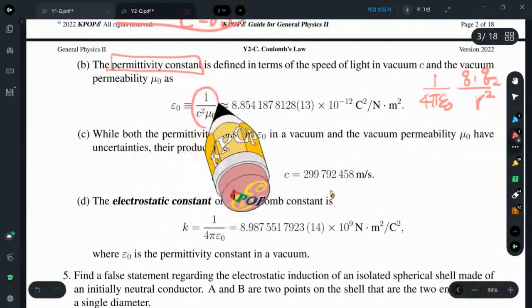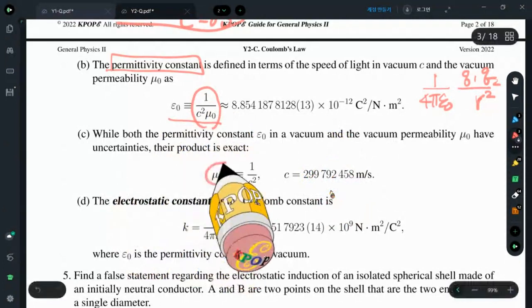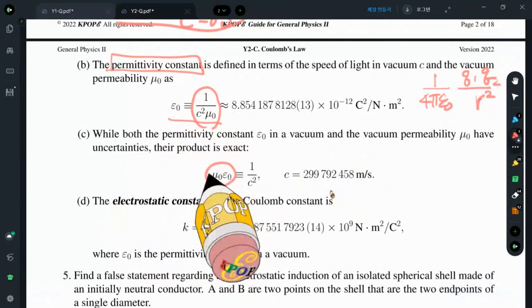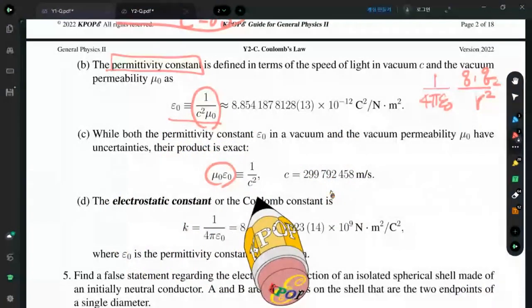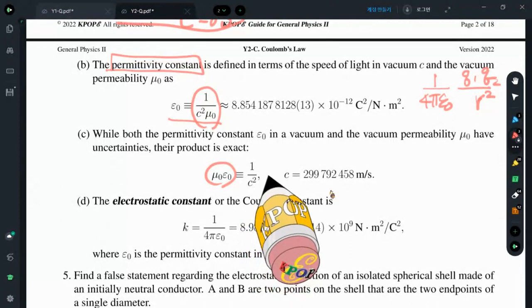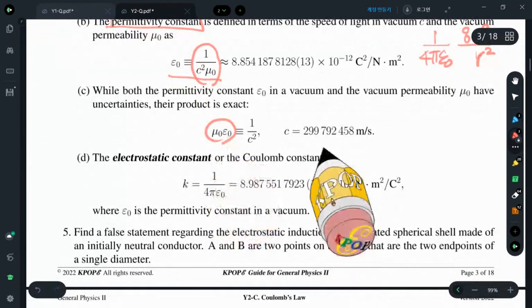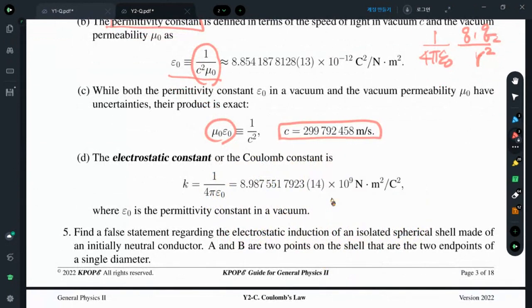However, as shown in this expression, the product of epsilon 0 and mu 0 relates to the strength of the magnetic force, and the product of these is found to be 1 over speed of light squared. That was first noticed by Maxwell. And this product is exactly defined. The speed of light is this, and the number of significant figures in the speed of light is infinite.